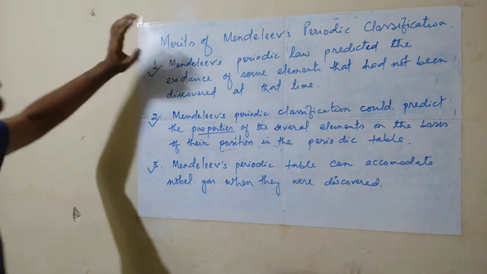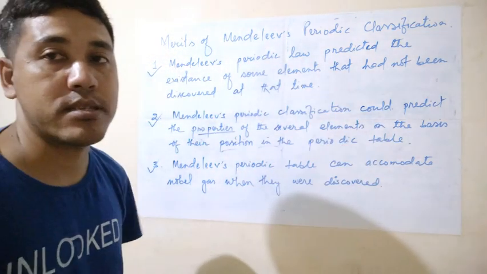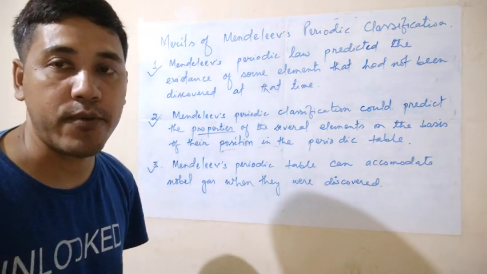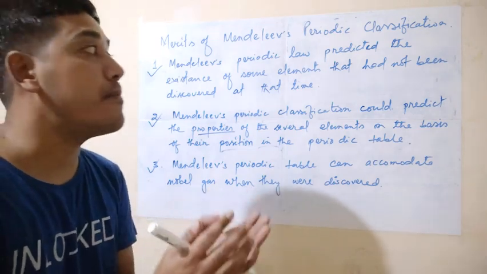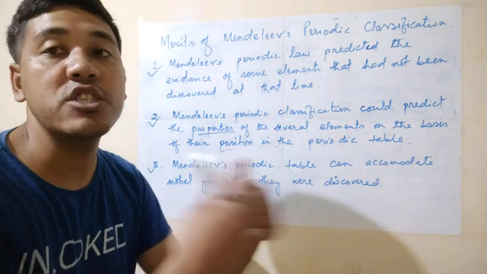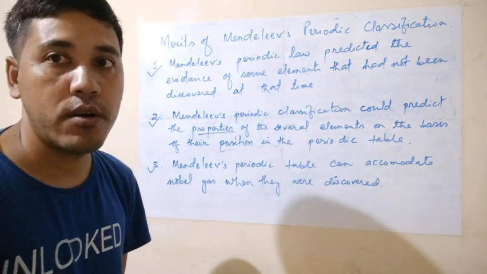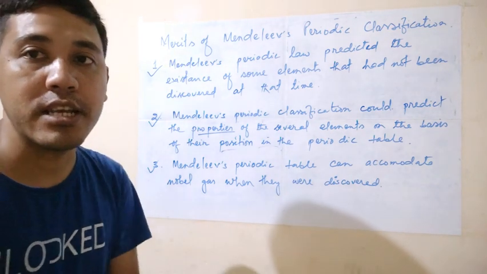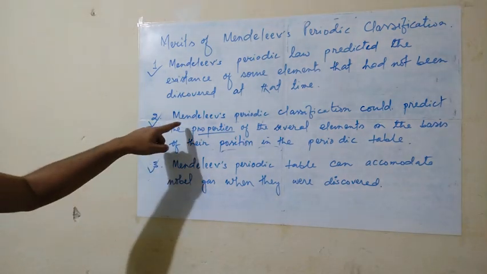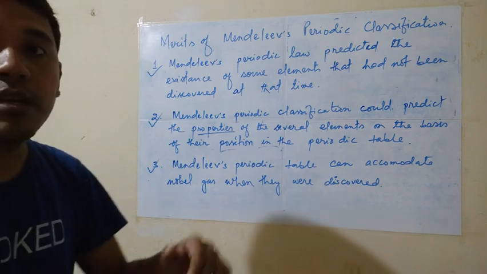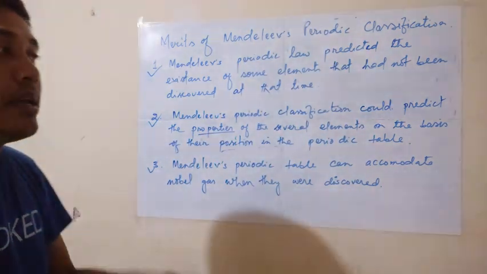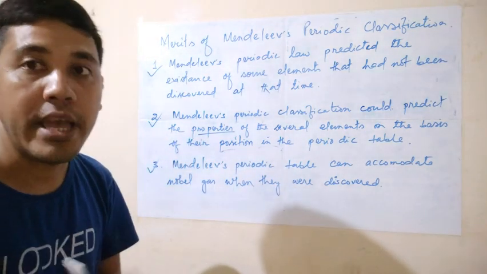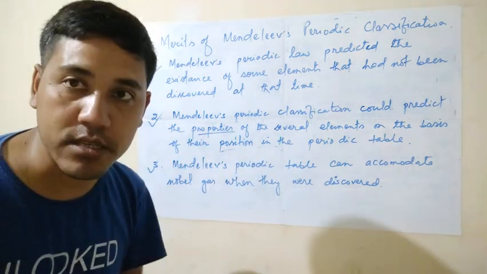That means he left gaps for elements that would be discovered in the future, like Eka boron and Eka silica. Next, Mendeleev's periodic table put several elements in their proper place according to their chemical properties.